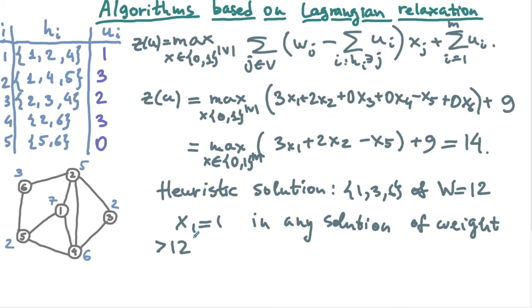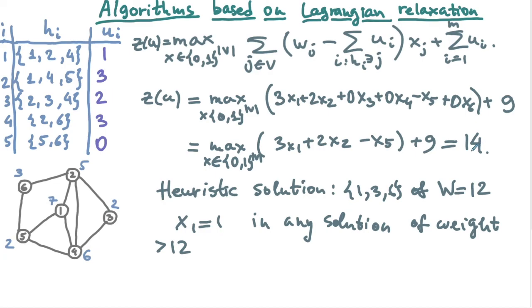So let's say instead of looking at x1, I could have checked what happens if I set x2 to 0. So if I set x2 to 0, then what happens? The highest I would be able to have for my Lagrangian dual would be 3 plus 9, which is 12.